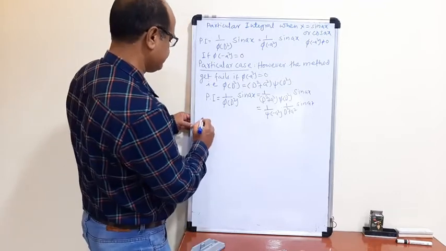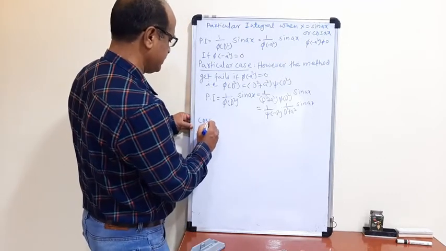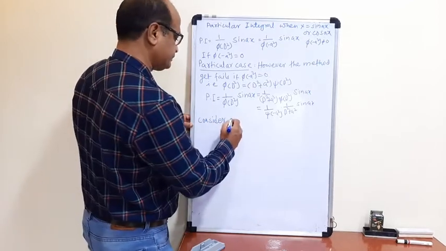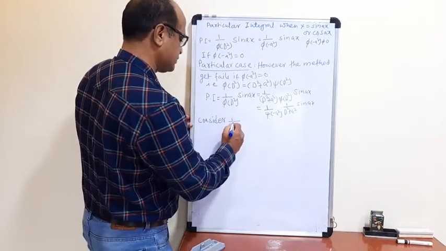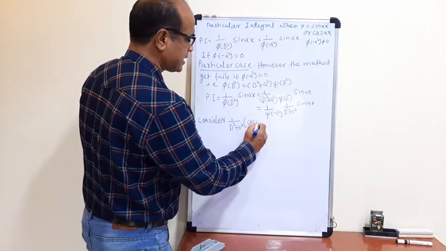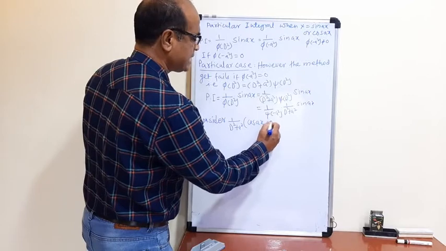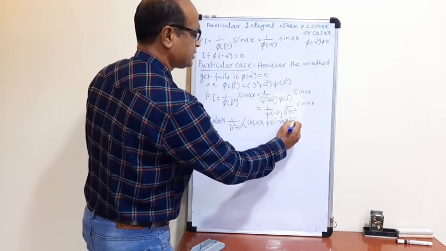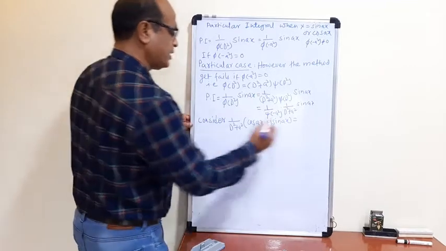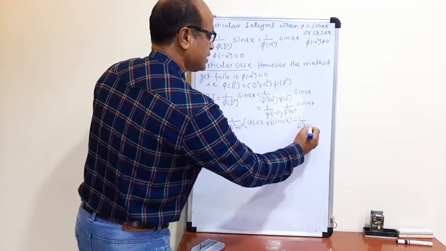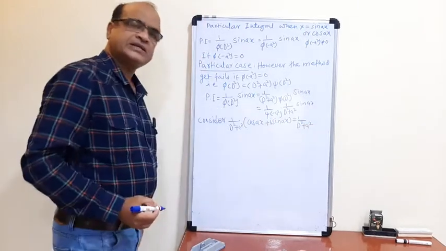So consider 1 upon D square plus a square, cos x plus i sin x. This is equal to 1 upon D square plus a square times cos x plus i sin x.